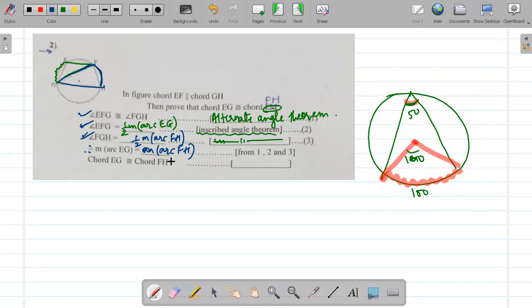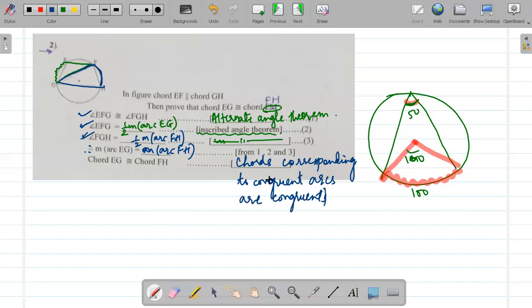And what's the reason to this? We mentioned the reason to be chords corresponding to congruent arcs are congruent.